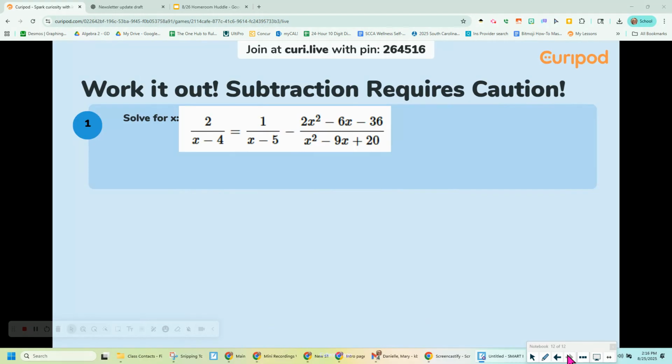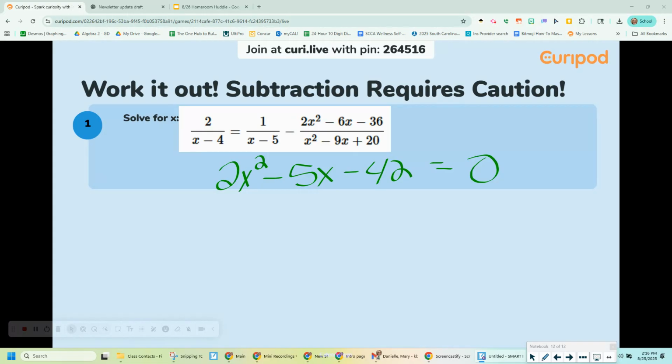So I had 2x squared minus 5x minus 42 equal to 0.